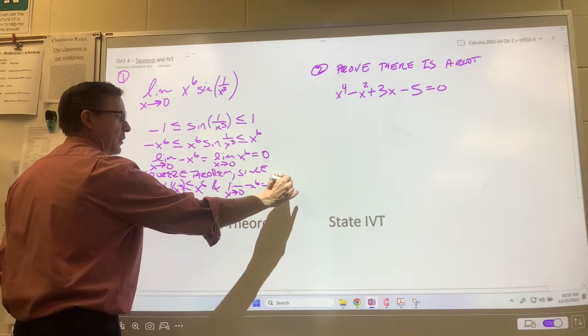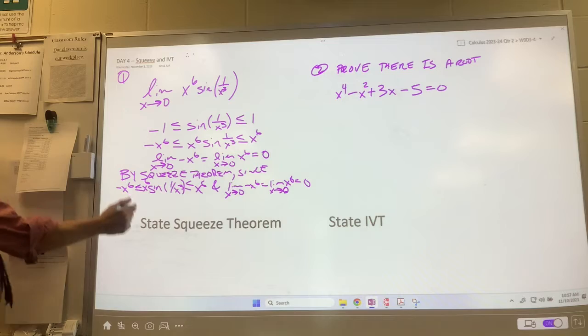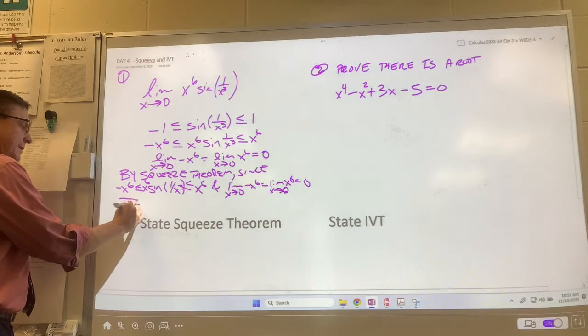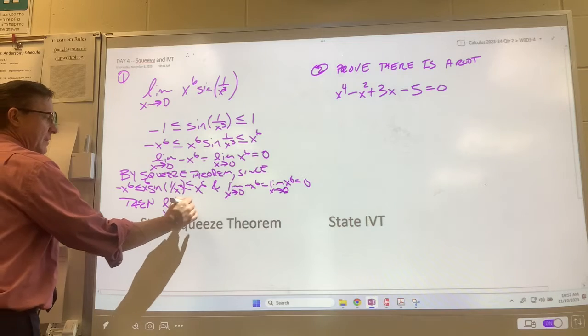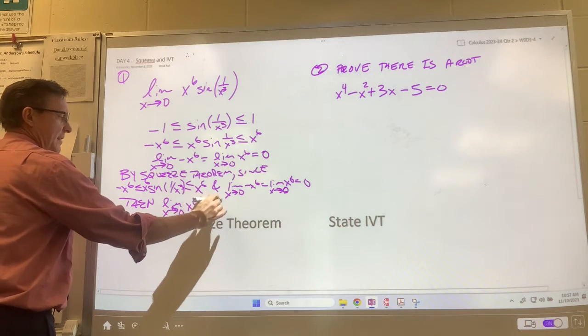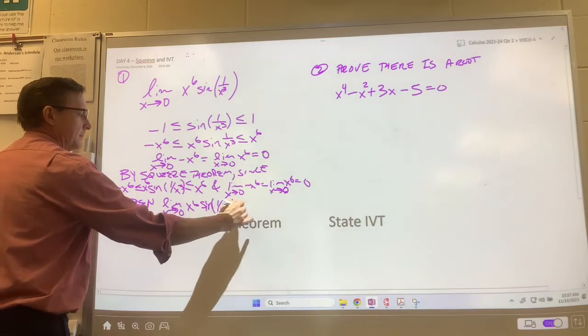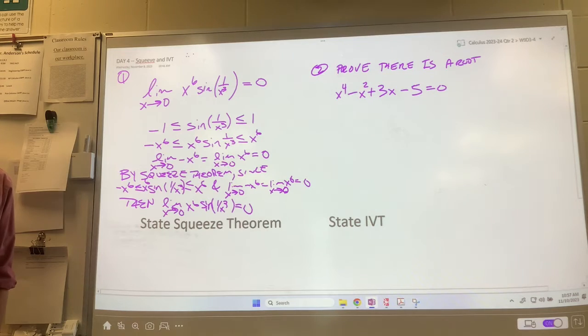It doesn't have to be 0, right? But it is a lot. Then the limit of the squeezed function, which this time is what we asked, is equal to that, which this time is 0. So this equals 0. All right? And we just proved it by squeeze.